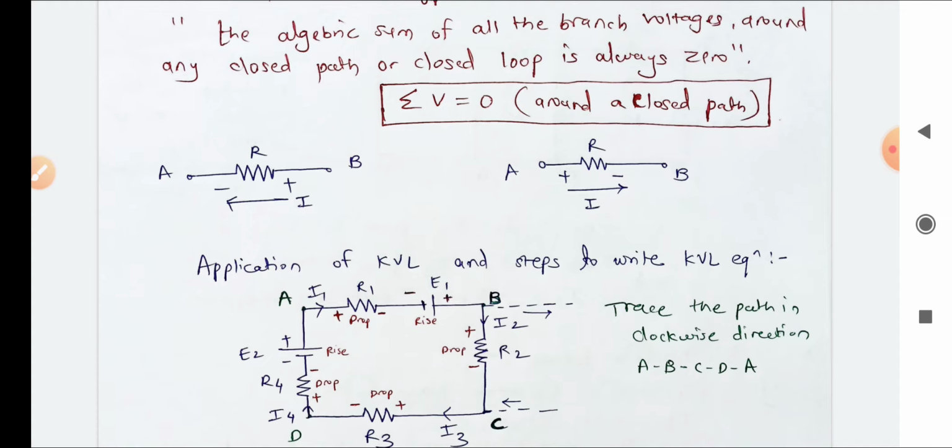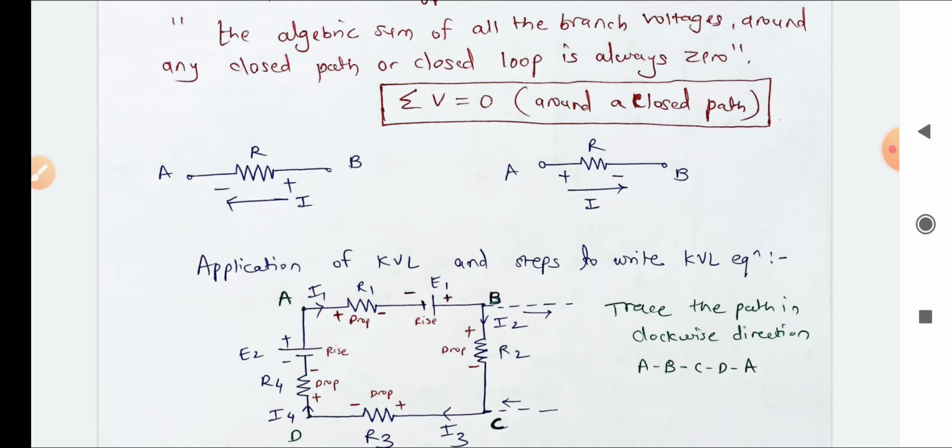Now we will see what the potential rise and potential drop, or voltage rise and voltage drop, is in a particular circuit. Whenever we consider any closed loop, we always trace the path in the clockwise direction, because we always give the current in the clockwise direction.